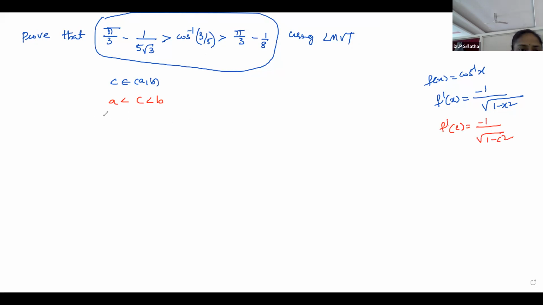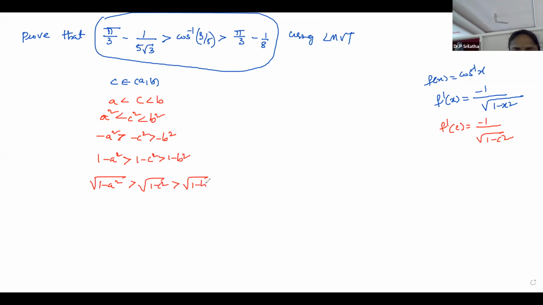Okay. So for that squaring on both sides, then minus A square is greater than minus C square is greater than minus B square. Then add 1 on both sides, 1 minus B square, and take under root on both sides.